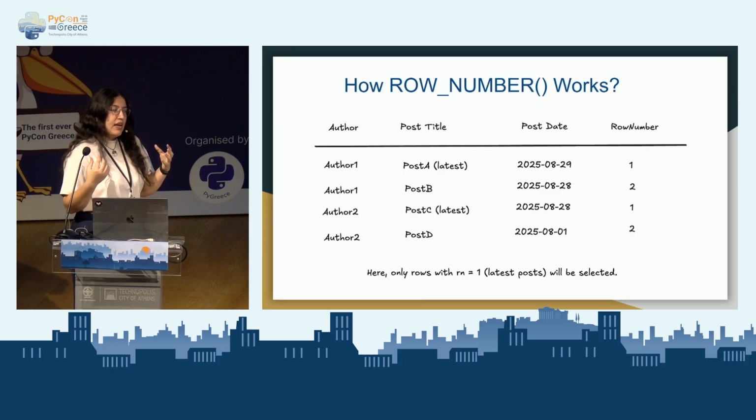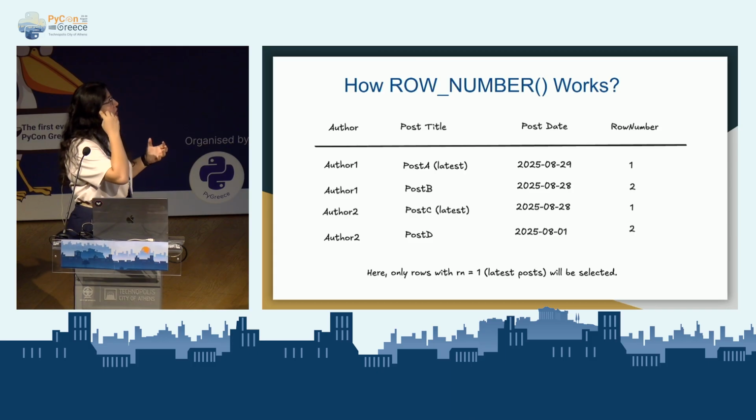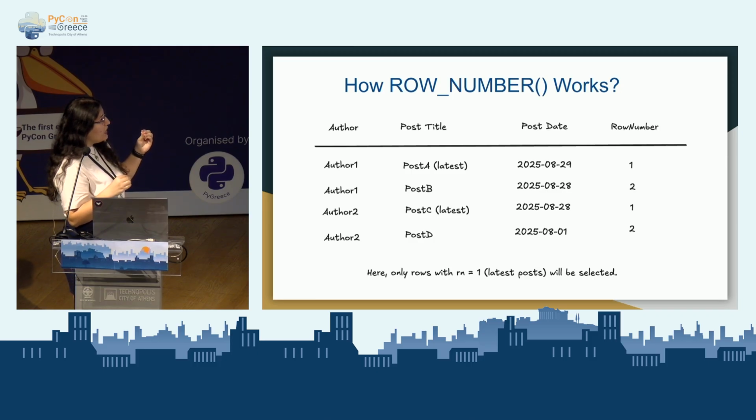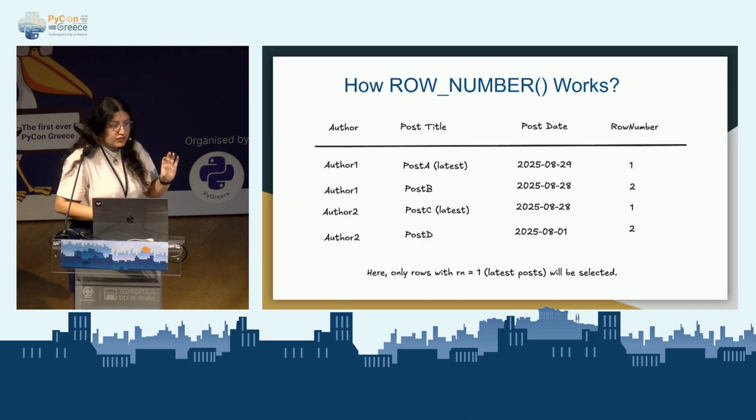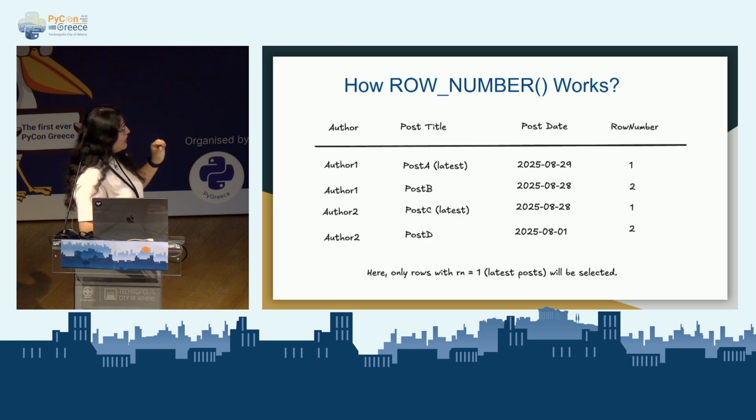Actually, row number is a window function. It partitions the group by your chosen fields, and after that it orders the items in the group, and it gives a unique number to each item in a group. For example, we have 2 groups here. Author 1 post A and author 1 post B are one partition, and we order this partition by post date.